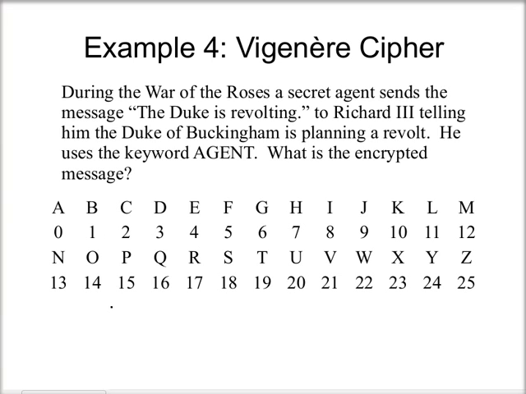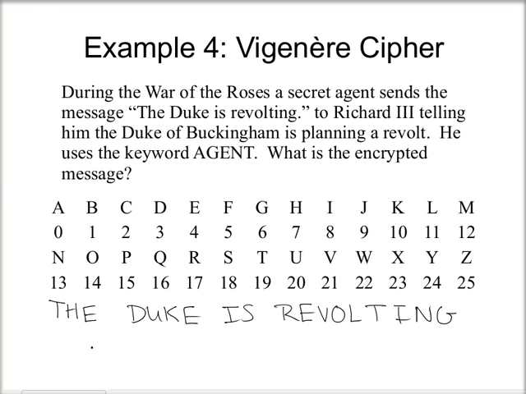So my first step, like always, is to write down my message and find the corresponding numbers in my chart. So my message is "The Duke is revolting." T is 19, H is 7, and E is 4. D is 3, U is 20, K is 10, and E is 4.